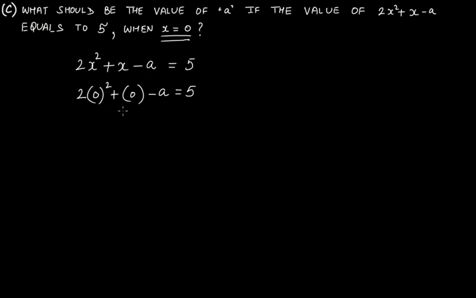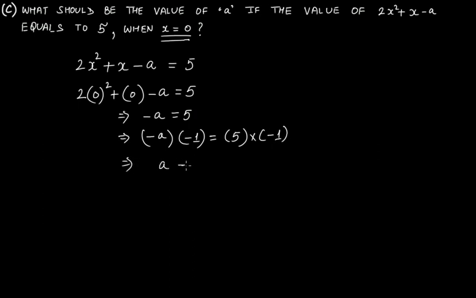So this becomes minus a is equal to 5. If you multiply both sides by minus 1, you get minus a times minus 1 equal to 5 times minus 1. So this gives you a is equal to minus 5.